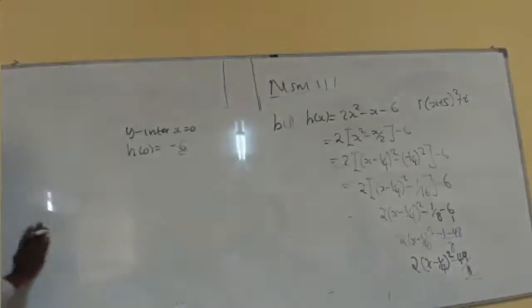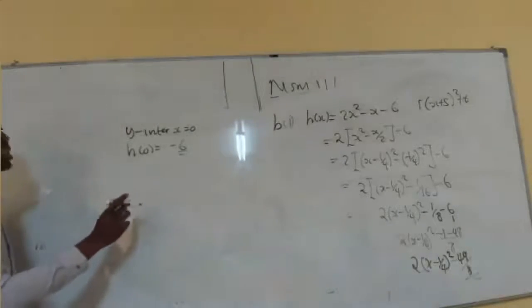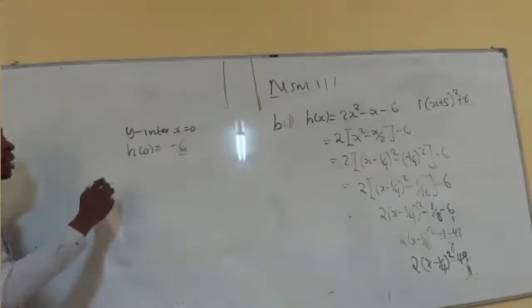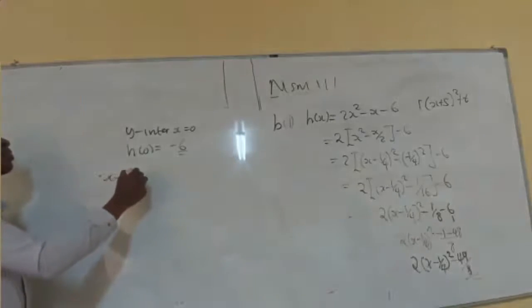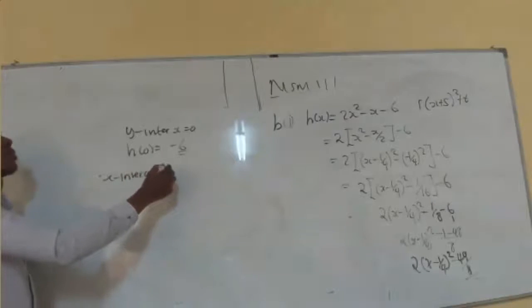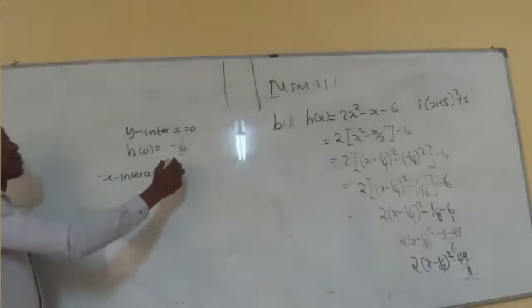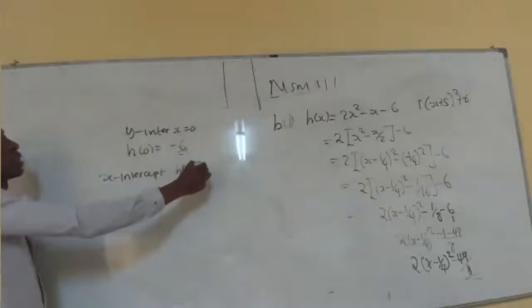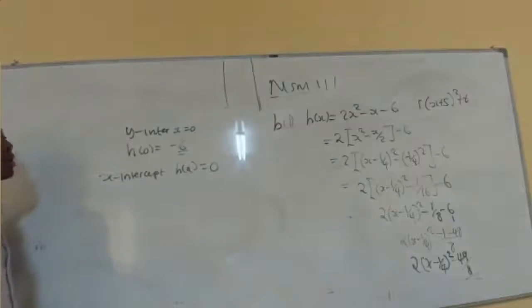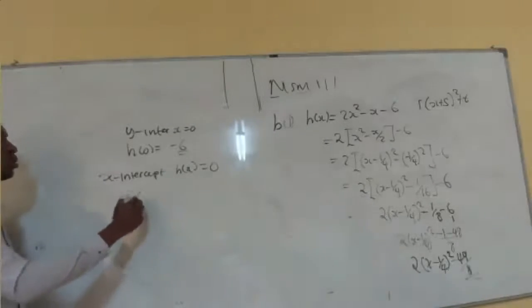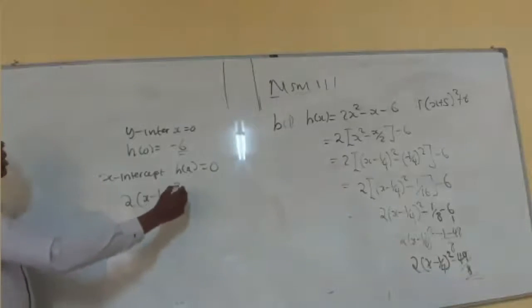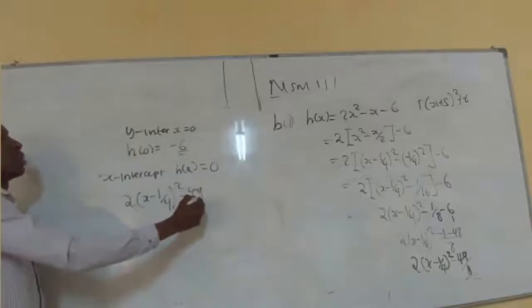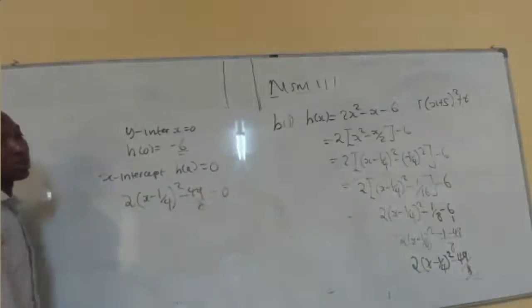Then from there we have the next part, which is the x-intercept. h(x) is actually equals to 0. Since h(x) is being equated to 0, it's the same as saying 2(x minus 1 over 4) squared minus 49 over 8 is equals to 0.